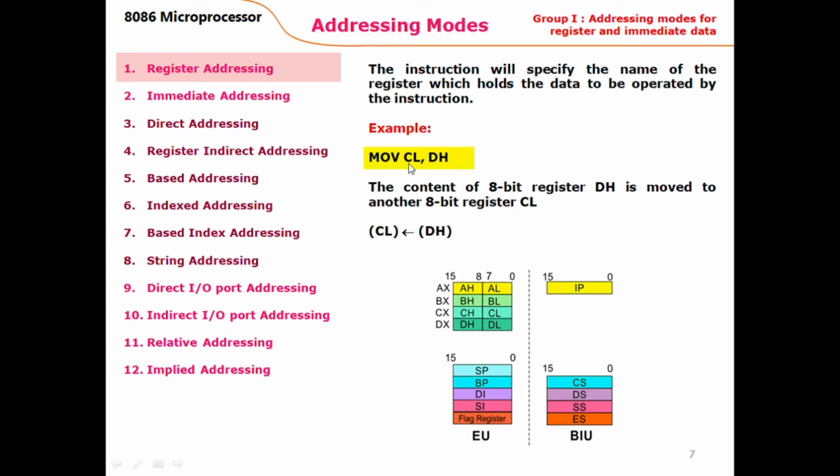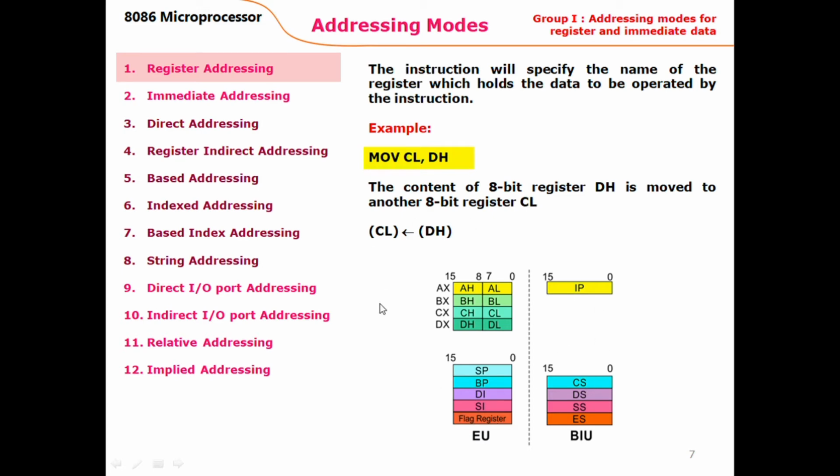So the address of the operands is given by providing the names of the registers where the data has to be accessed from. This instruction includes two registers. The source is a register, the destination is a register. So the data is directly accessed from the registers. The 8-bit data moves from the DH register to the 8-bit CL register.